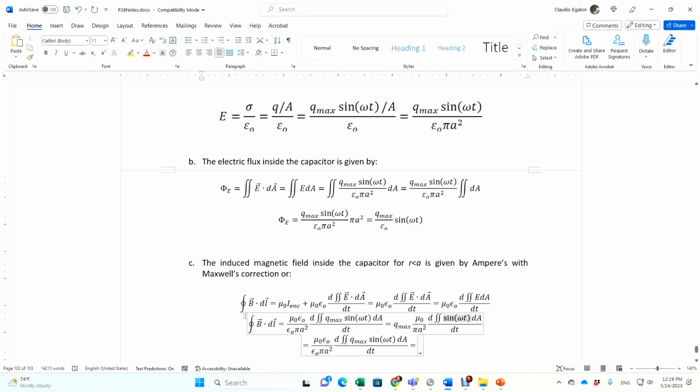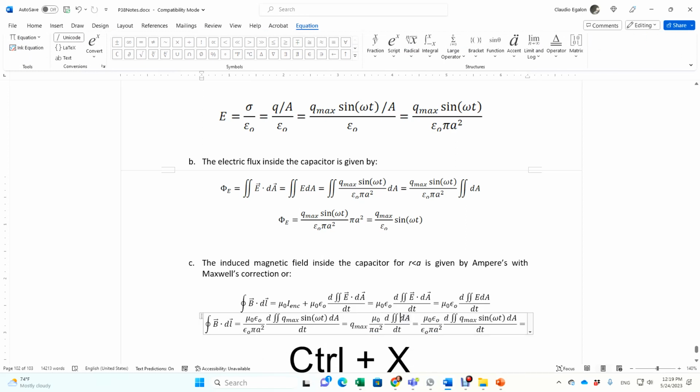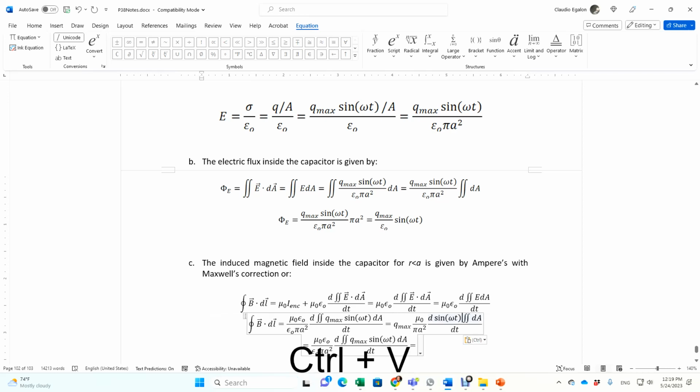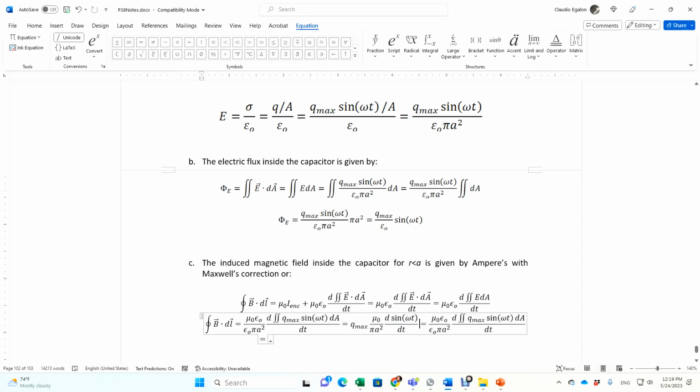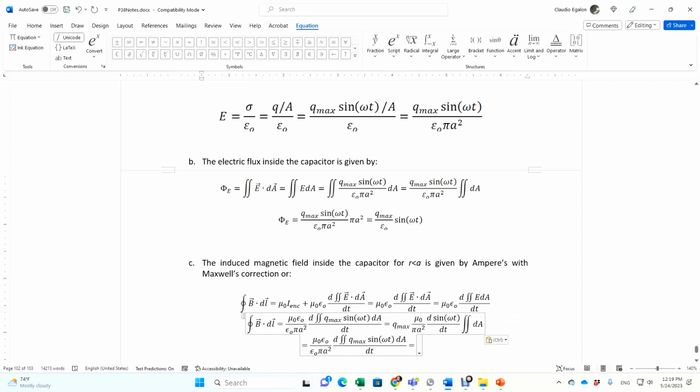And this sine can be taken out of the integral because it does not depend on the x and y coordinates. And this area here doesn't depend on t as well.